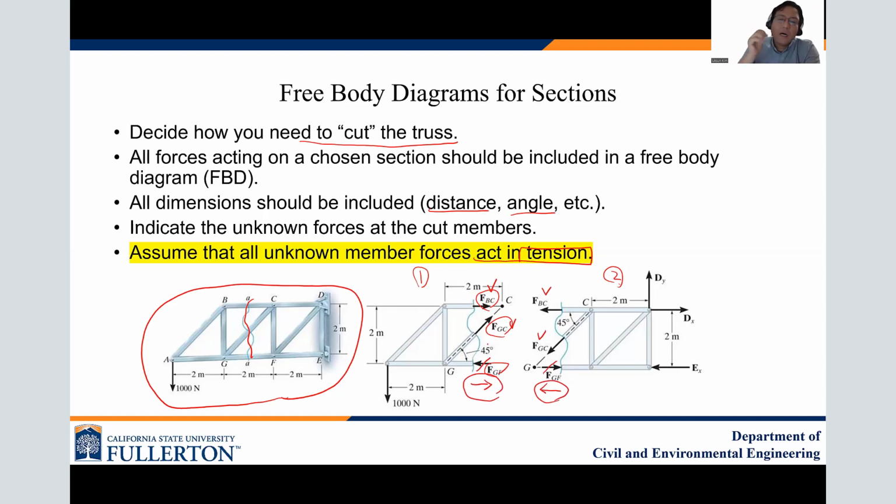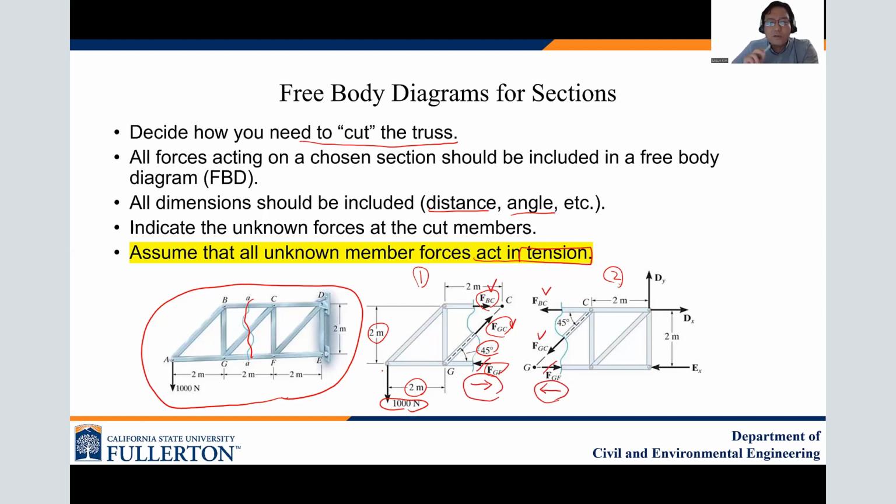And then, as I mentioned from these guidelines, you need to put the dimensions, so there's a distance and also an angle. And then you also put the external load.